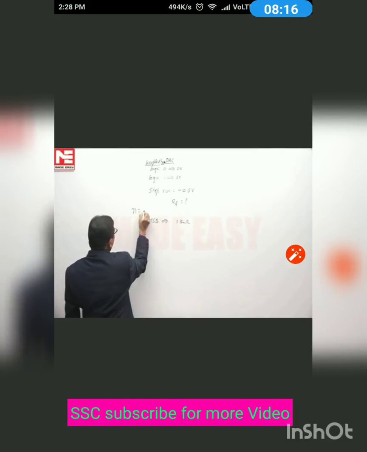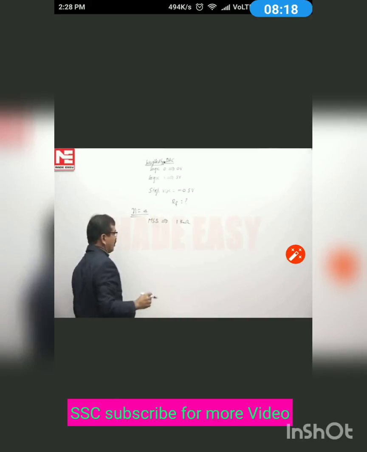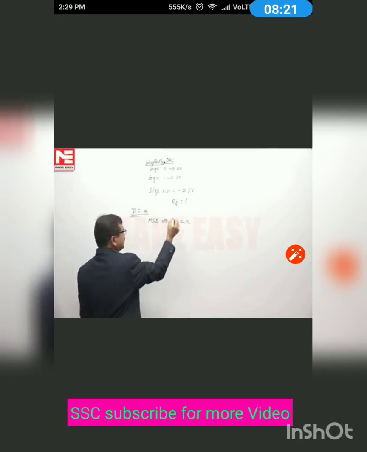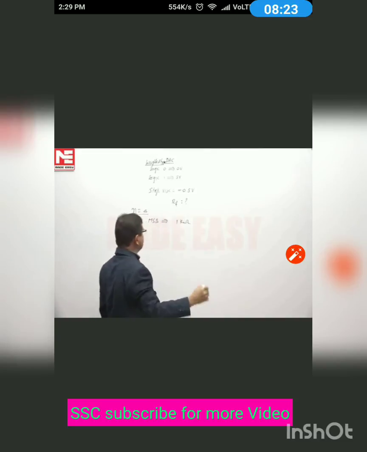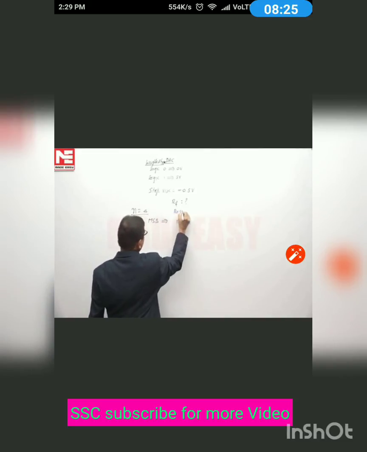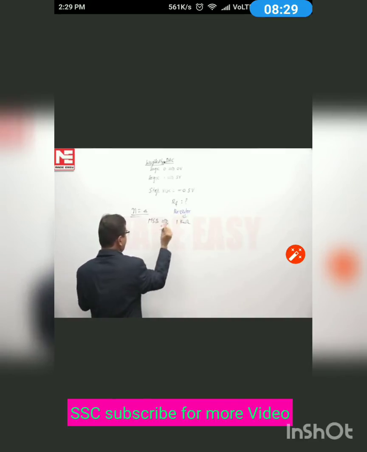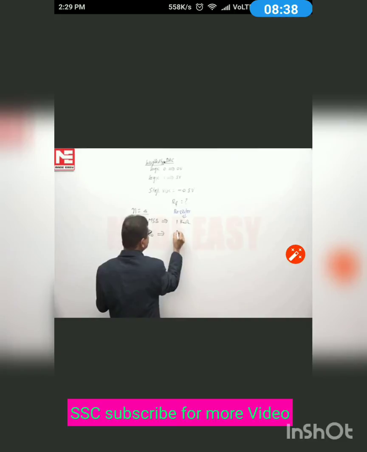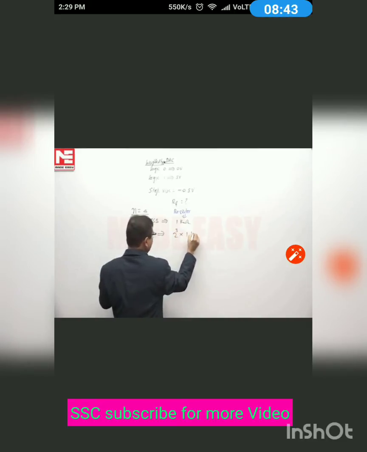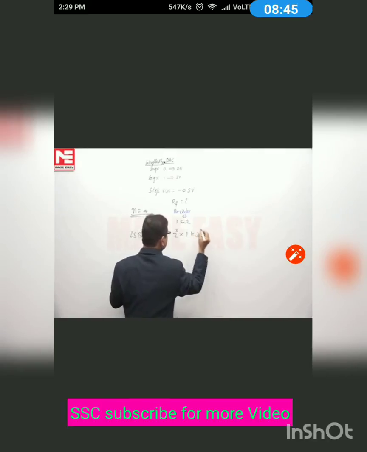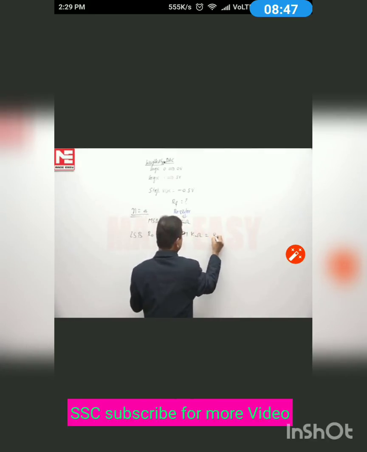It is a 4-bit weighted type digital to analog converter, and the resistor value corresponding to the MSB bit is 1K, and in the description it is mentioned the resistor R0 corresponds to the LSB bit. So R0 is supposed to be 2 to the power of 3 into 1K, which comes to 8K.